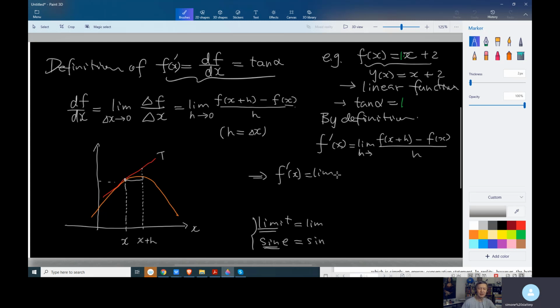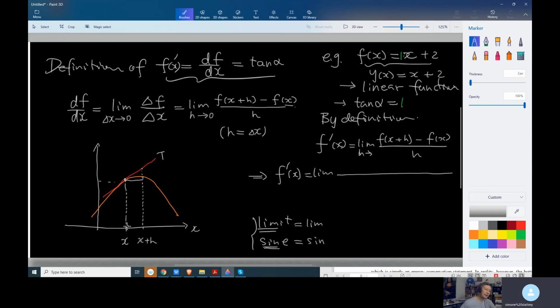Now return to the question. In this case, what would be f(x + h) if f is determined by x plus 2? In other words, x has been changed.